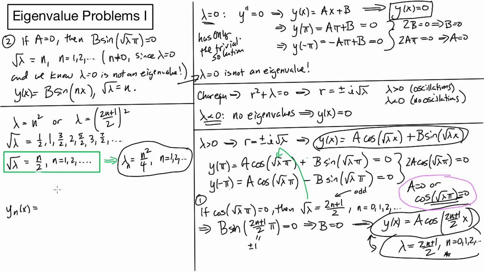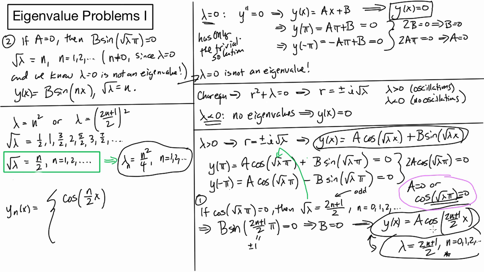When I have the 1, 2, 3, 4, and so on, then I get sine. When I get the odd ones, so 1/2, 3/2, 5/2, 7/2, I get cosine. So the best way to write this is like this. My eigenfunction is cosine of n over 2, because remember it's cosine of square root lambda x, and the square root is n over 2.